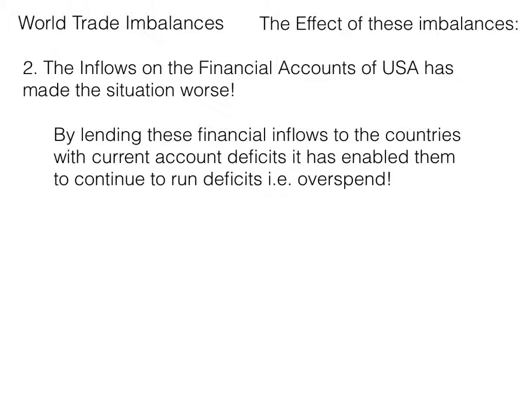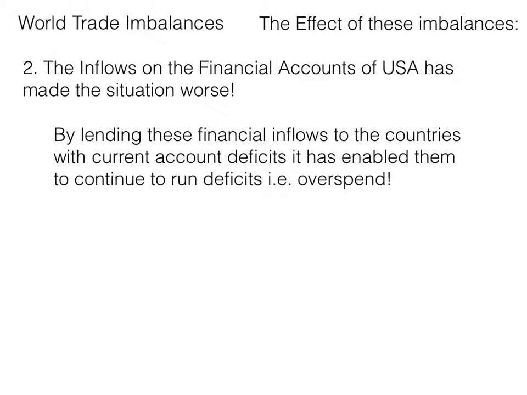The problem is that America have a very low savings ratio and don't save very much, and they consume a lot of it on imports, and they're overspending, and by funding it, the surplus countries like China are actually allowing them to keep on running the deficit.